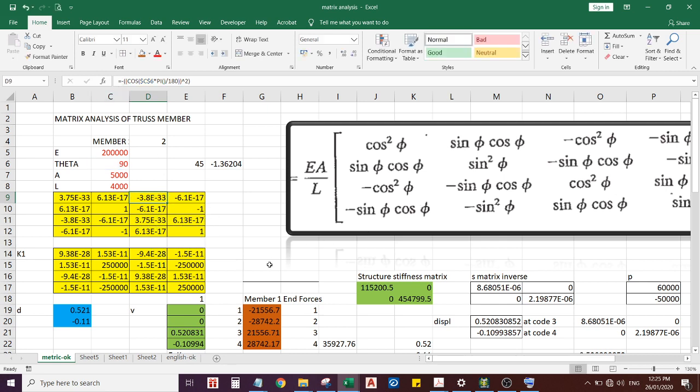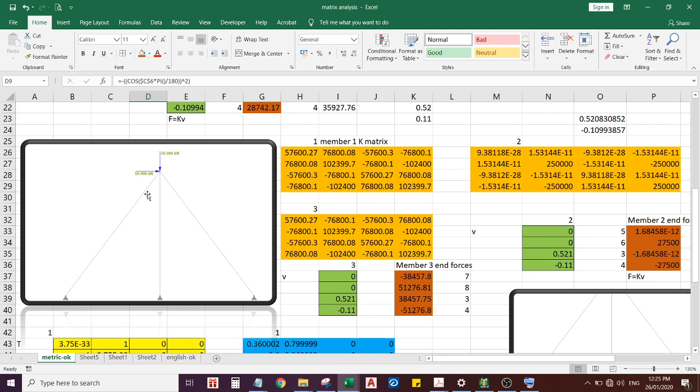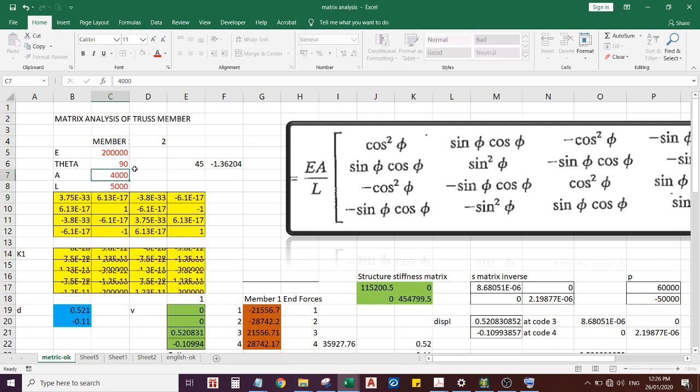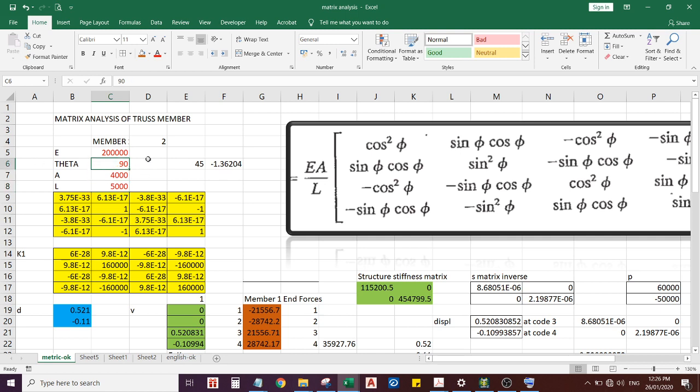Okay. So for example, for member 1, this one has a horizontal distance of 3 and a vertical distance of 4. So I'll input the length as 5,000 mm. Its area is 4,000. Its theta is 53.13 degrees.